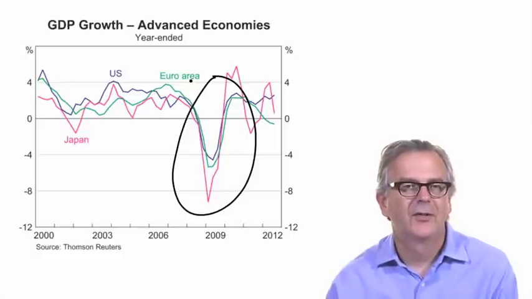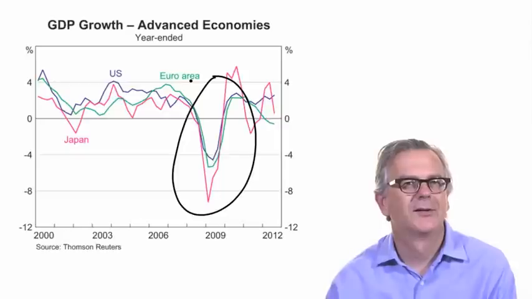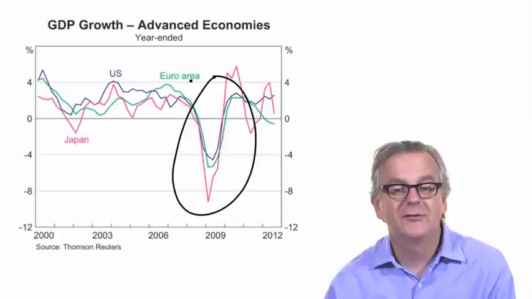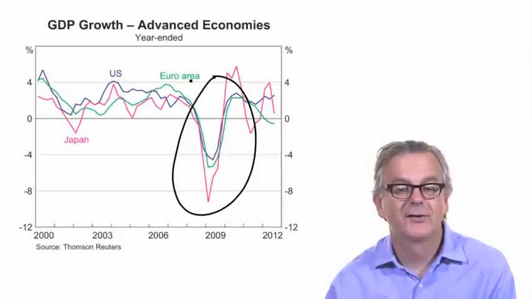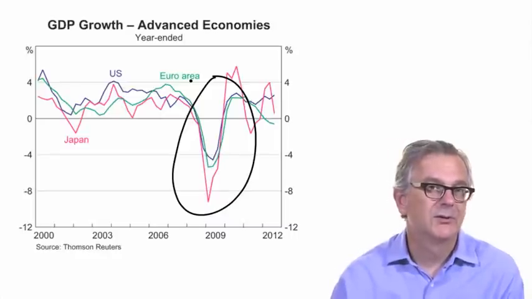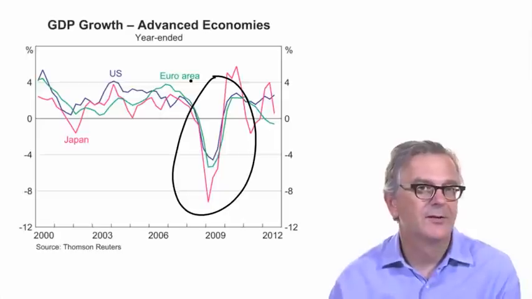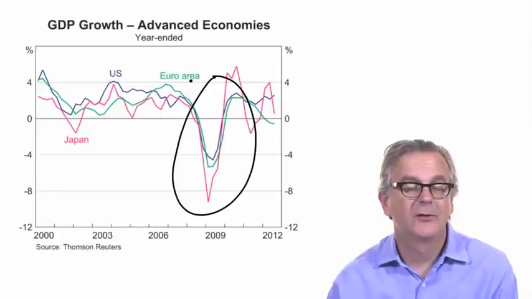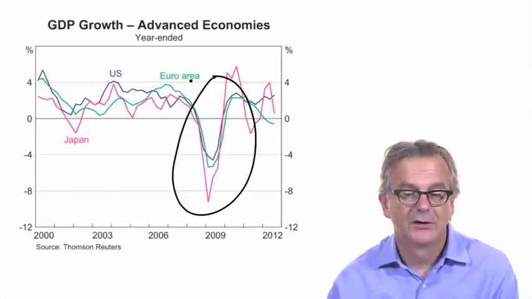In other words, these economies shrank during the global financial crisis. The flow of economic activity contracted, and as you can see from this chart, contracted dramatically.